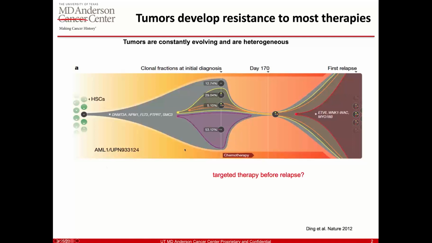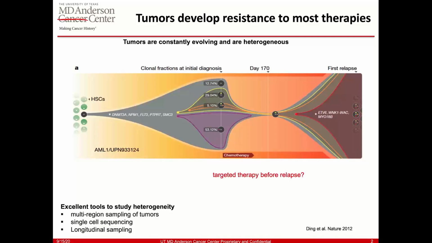This is an AML patient where after chemotherapy, only one of the subclones, which was initially 5%, remained. And at the time of relapse, that's the subclone which created the entire tumor.